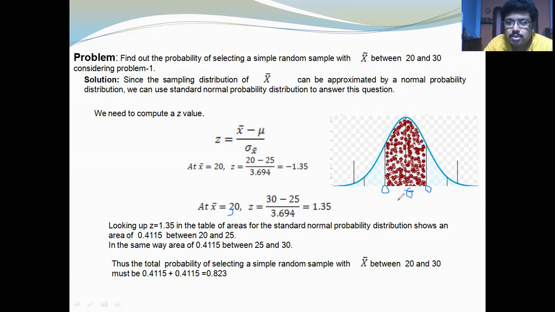As far as our problem is concerned, the area for x bar between 20 and 30 is the sum of this area and this area. So 0.4115 plus 0.4115 equals 0.823, which is the total area.